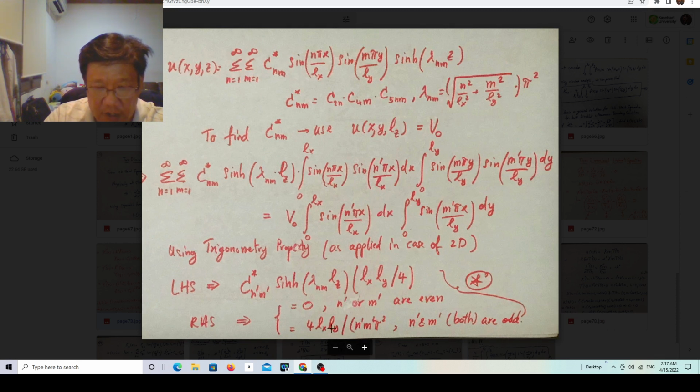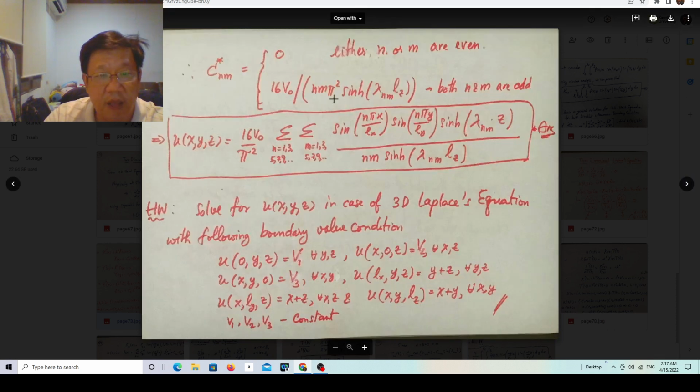So it becomes 16 divided by this division times this hyperbolic function, and that's resulting here. We just put it here in the general form. Since this is a constant that does not rely on both n and m, you move it out, and then you get a summation when n and m are both odd, you get this general function.